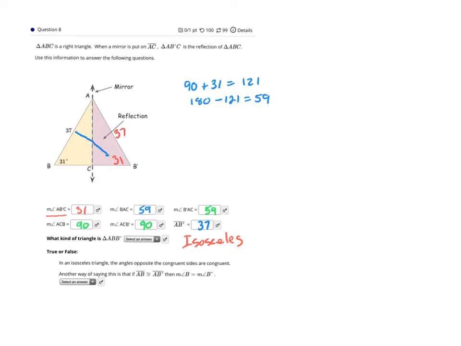Angle B' is opposite of AB. Angle B is opposite of AB'. These two angles are congruent. So if you have an isosceles triangle, the two angles opposite the congruent sides are congruent, which is what this is saying. So that's kind of the point of doing this problem, to figure out and to demonstrate that property.